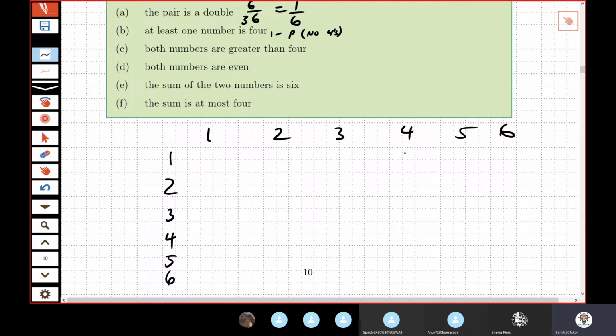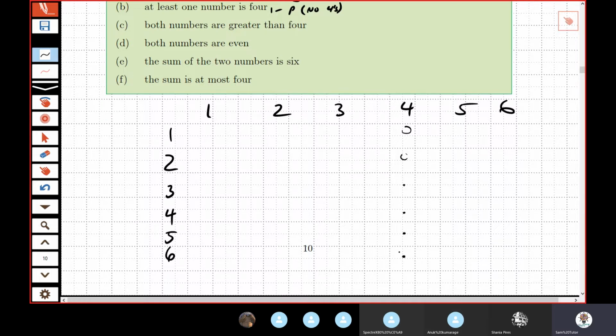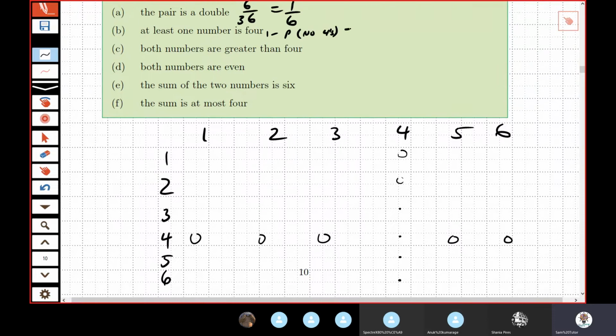Well, that would just be 4,1; 4,2; 4,3; 4,4; 4,5; 4,6, or obviously 4,1; 4,2; 4,3; 4,5; 4,6. You can't overlap. And then what's that? 3, and that's 6 and 5. So that should be 11.